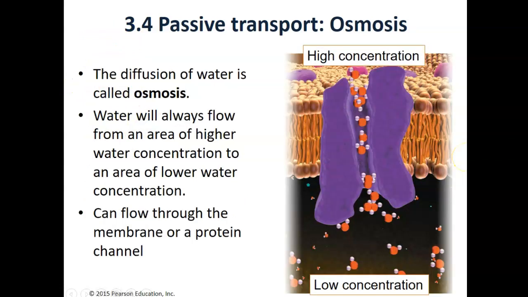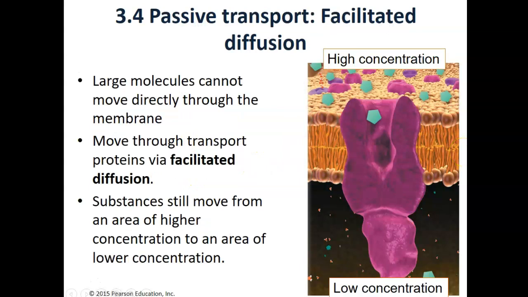The diffusion of water molecules is called osmosis. Water will always flow from high concentration area to low concentration area. Some passive transport will need the help of proteins due to the size of the molecules. This is called facilitated diffusion.